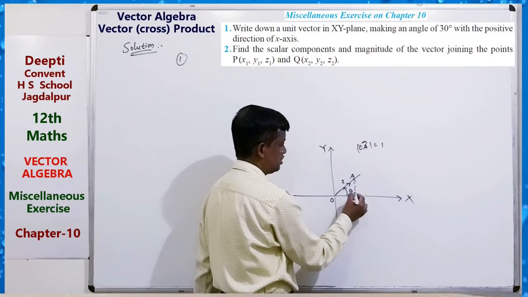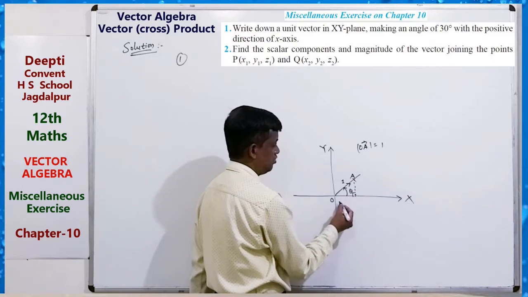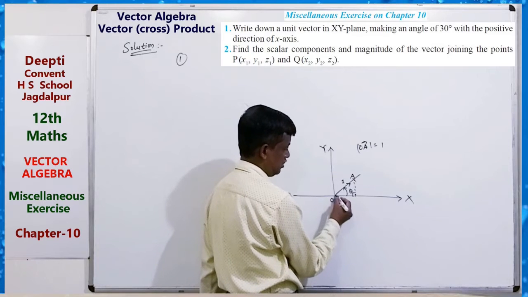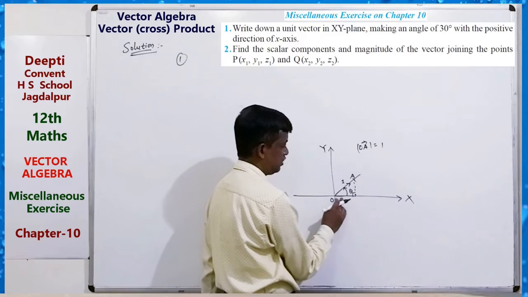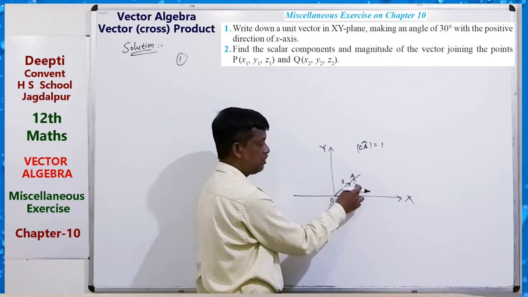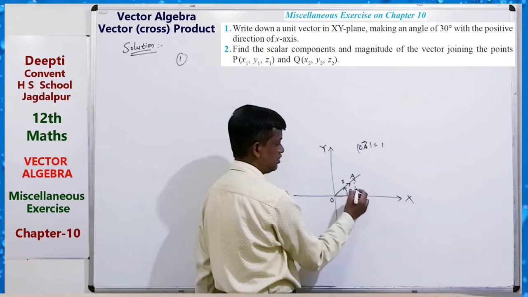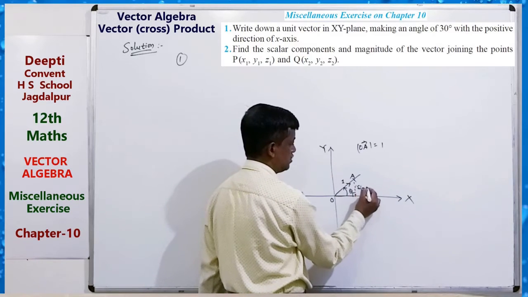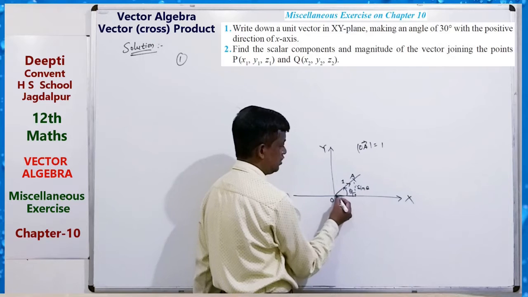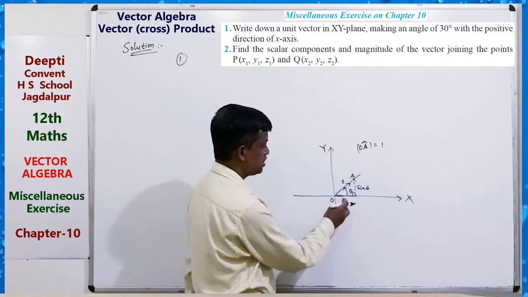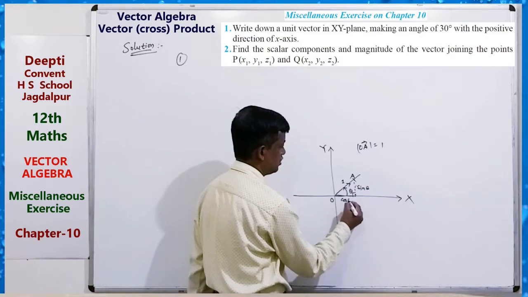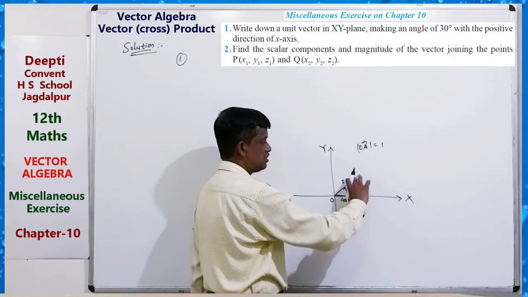Draw a perpendicular, this is 90 degrees. Now, sin theta equals perpendicular by hypotenuse, so this is sin theta. And cos theta equals base by hypotenuse, so this is cos theta, and this is sin theta.